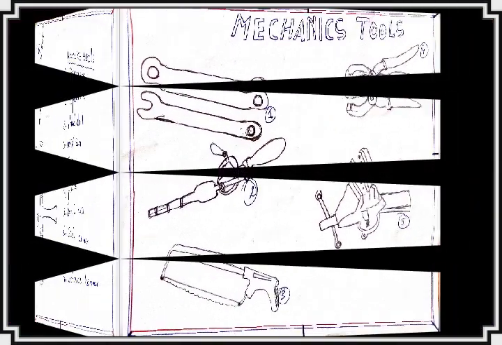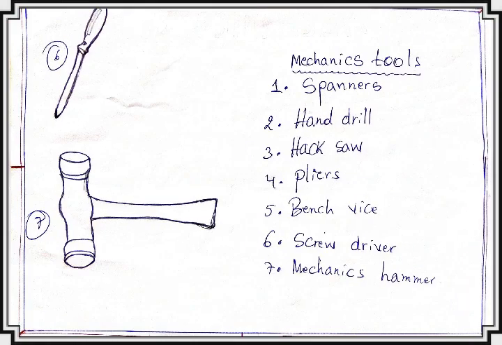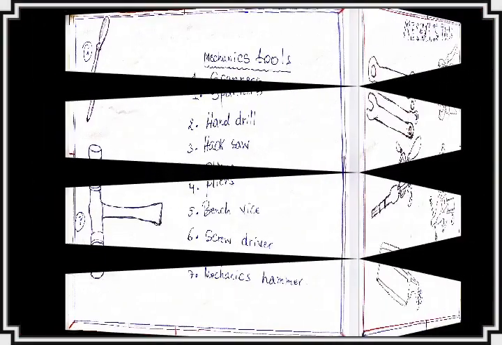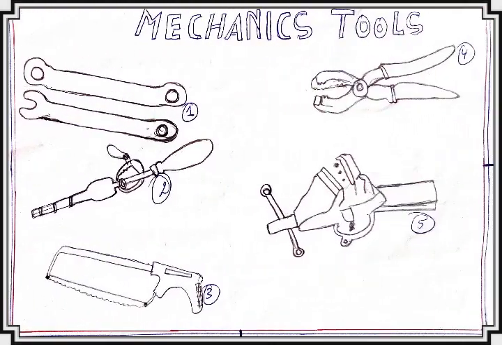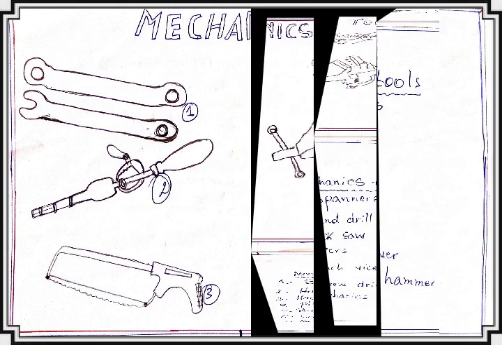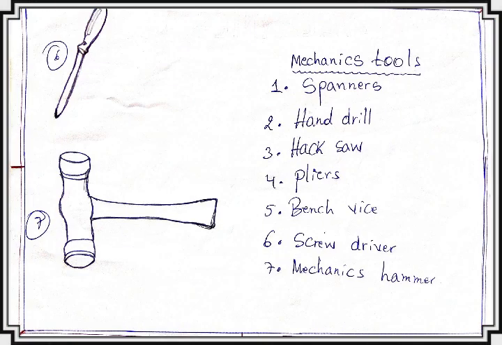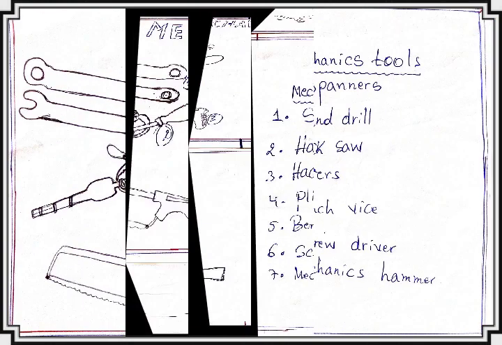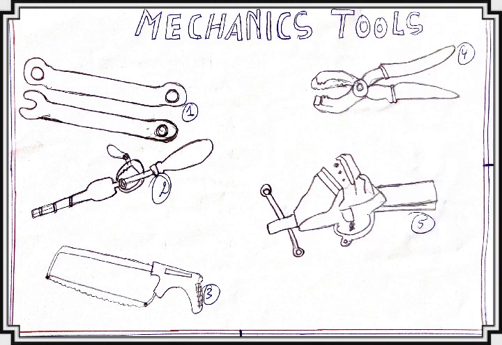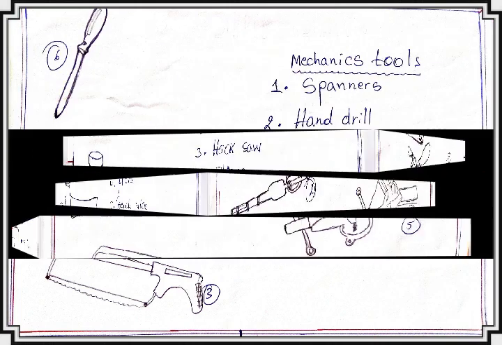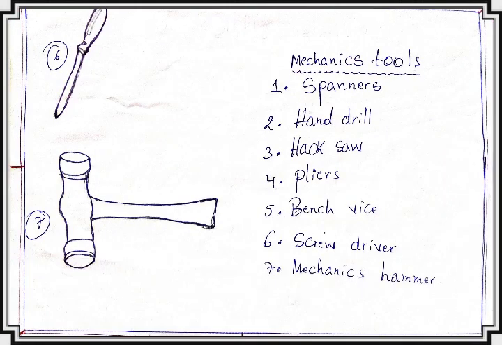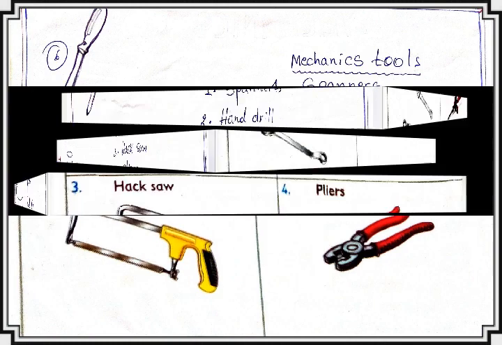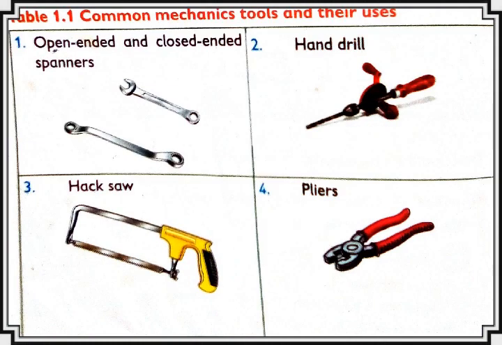Dear students, there are 7 tools used by a mechanic. Number 1 is spanners, number 2 is hacksaw, number 3 is hand drill, number 4 is pliers, number 5 is bench vise, number 6 is screwdriver, and number 7 is mechanic's hammer.